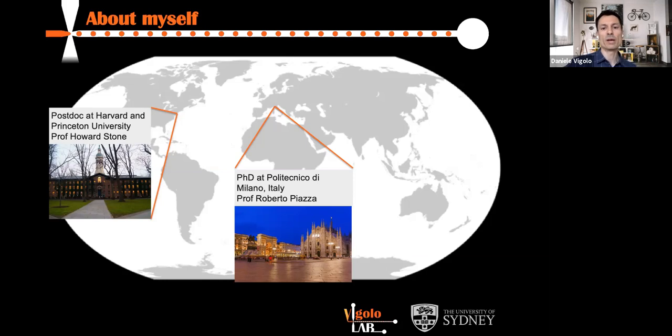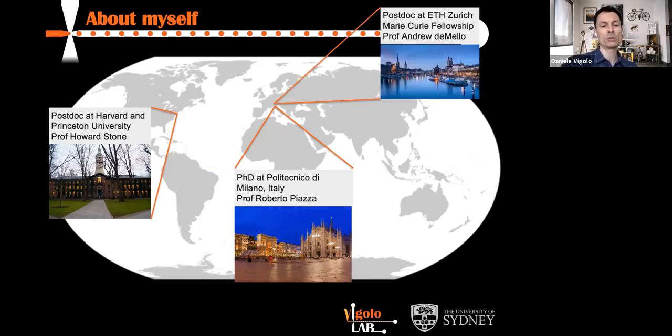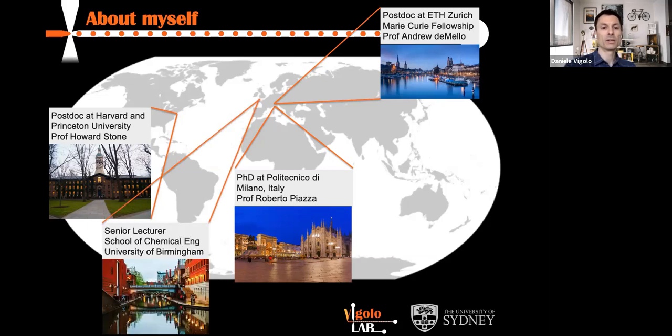Once I moved back to Europe, at ETH Zurich, that's where I started to apply microfluidics to biology. And finally, at the University of Birmingham, I really established my group, and I started to work in a number of different directions. I think this is the main advantage of microfluidics: it allows a multidisciplinary approach to a lot of different topics.